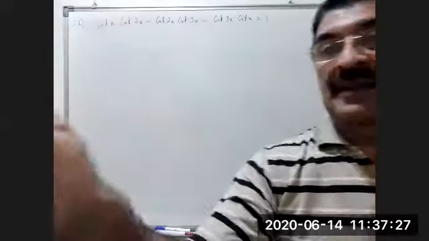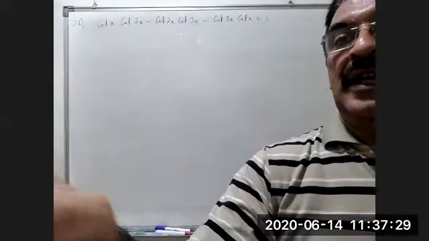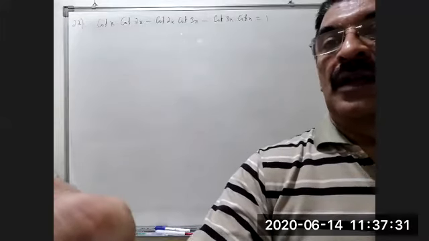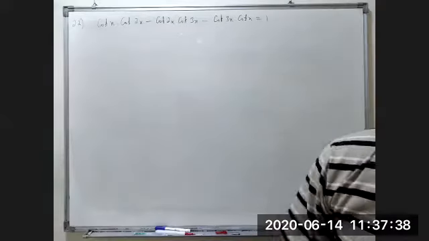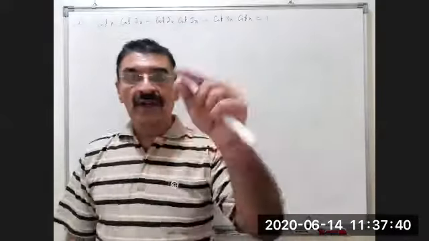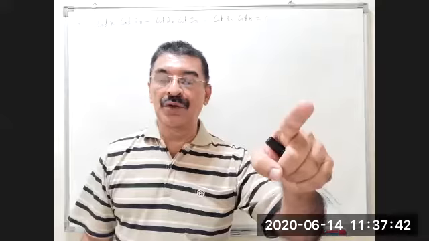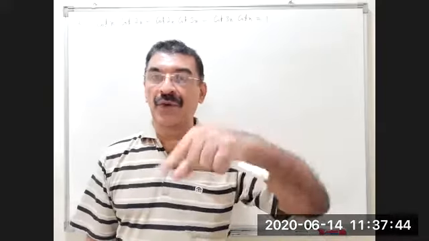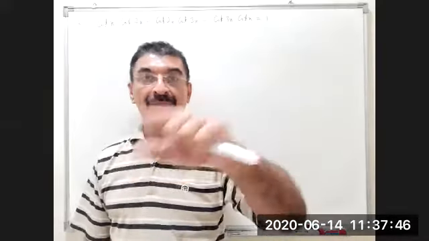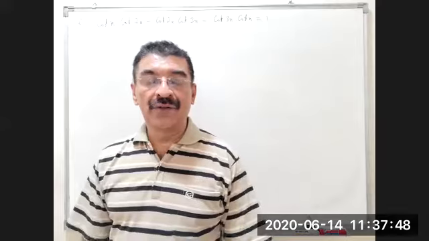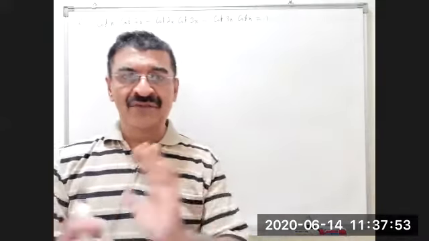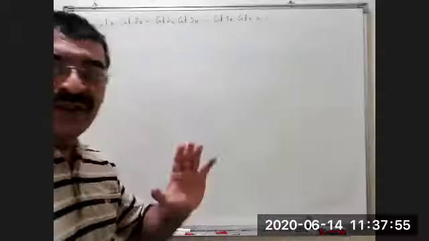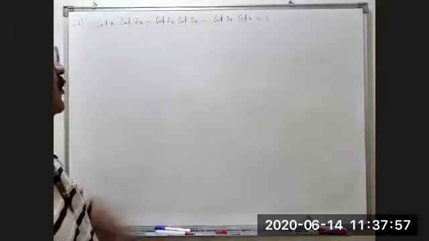In sets, miscellaneous exercise, we had some questions: A intersection B is equal to A intersection C, A union B is equal to A union C, prove that B is equal to C. Those questions are also typical ones. Remember it. There are a few questions where we use some special technique. Take this one.